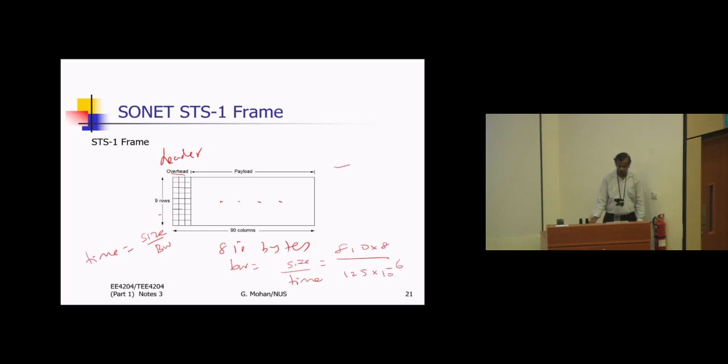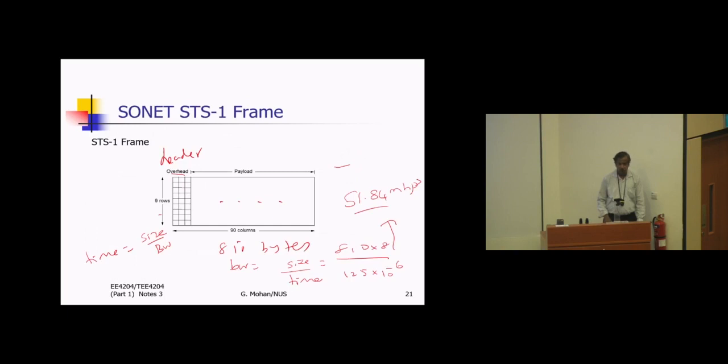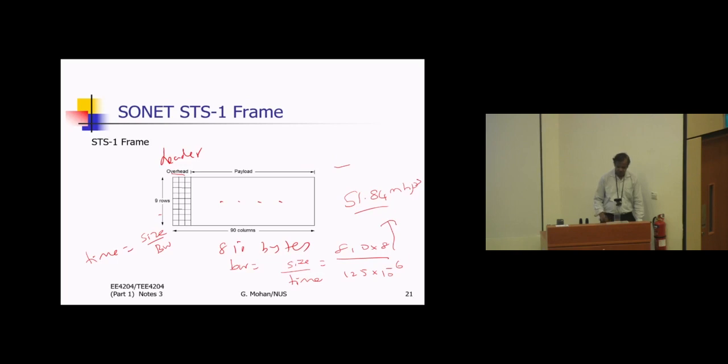If you do this calculation, you will get the magic number 51.84 Mbps. We have seen this number earlier, right? So the OC-1 link rate is 51.84 Mbps. Link in network terminology we also call line. Line means link, so don't think it's a typo. Is that okay?